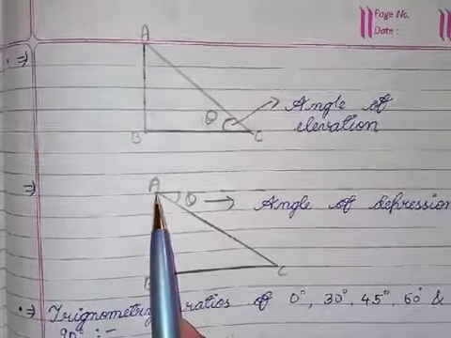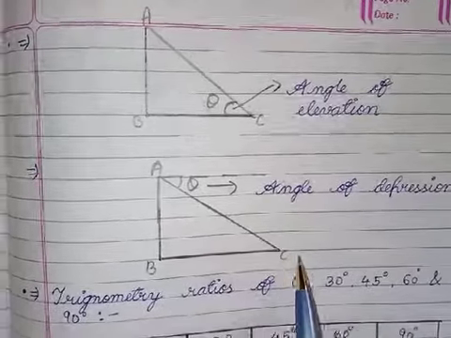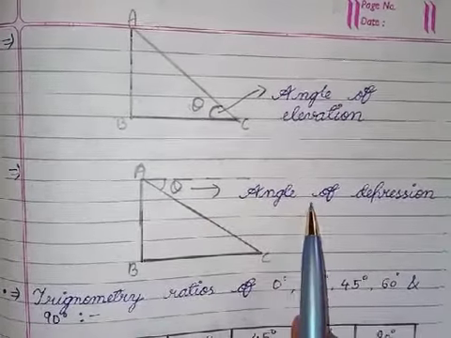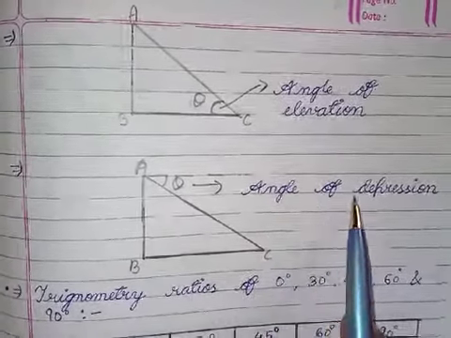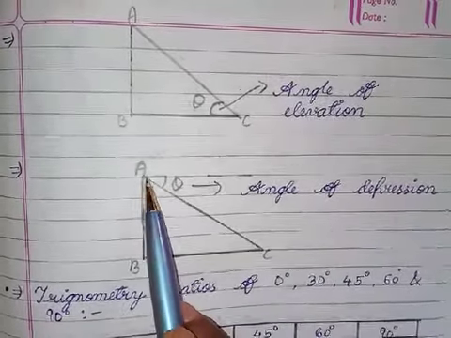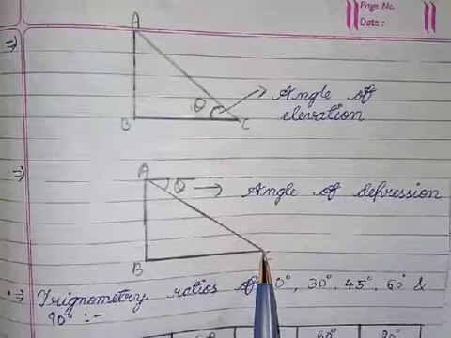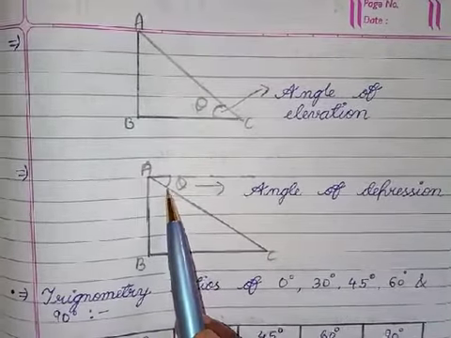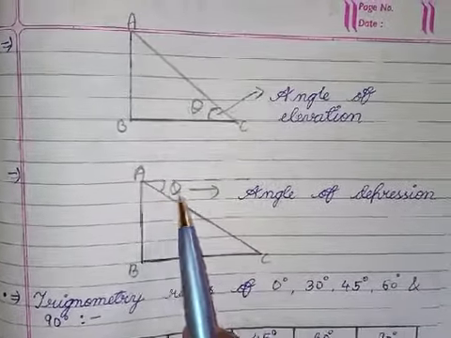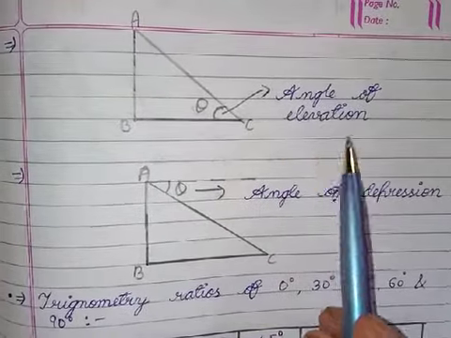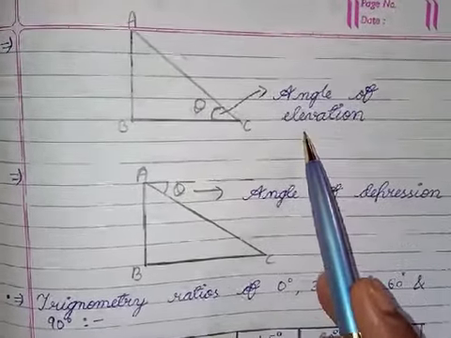When you look from the top to the ground, the angle made is the angle of depression. So two angles we are going to use in this chapter: angle of elevation and angle of depression.